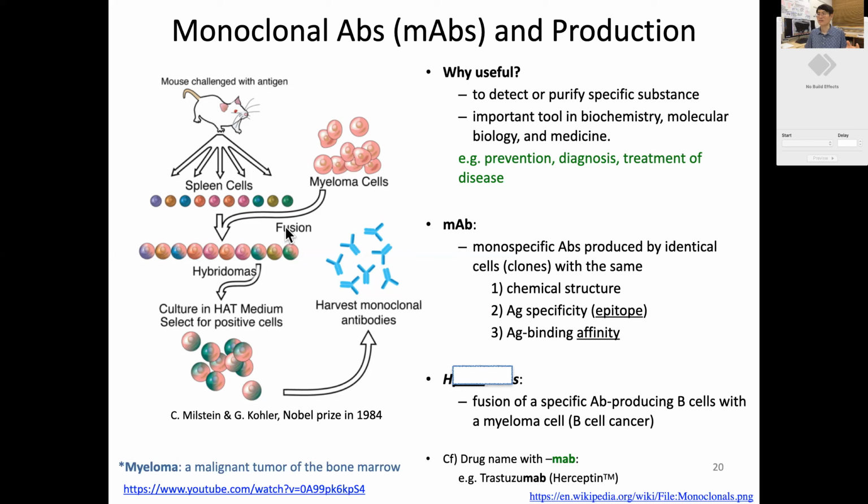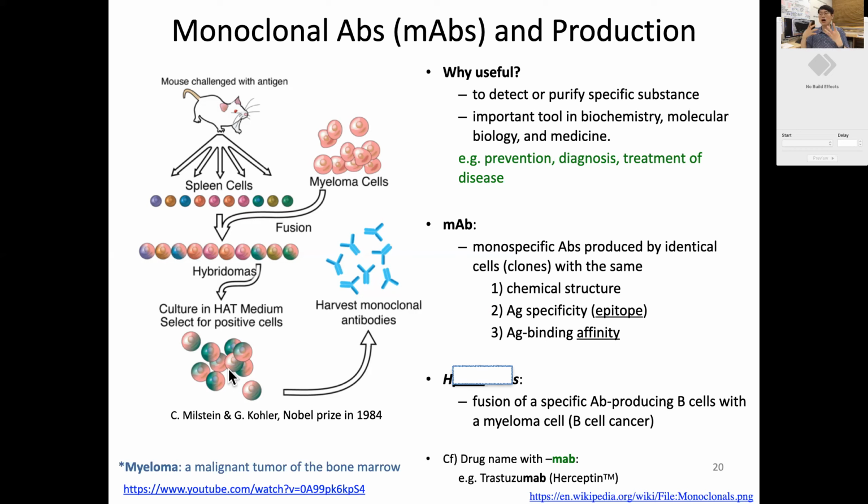So how about we fuse these two cells together, and among these fusion ones, you isolate a single cell which is successfully fused, then we culture it in a medium selective for this positive cell. Then it's a kind of cancer cell, so it keeps proliferating.